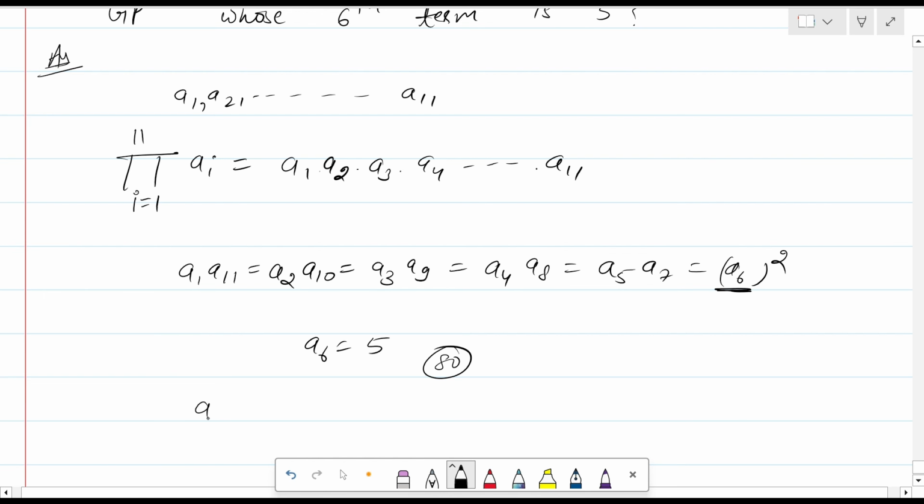A1 A11 is 25, and each such pair product will be 25, 25, 25, 25, and the middle term is 5.